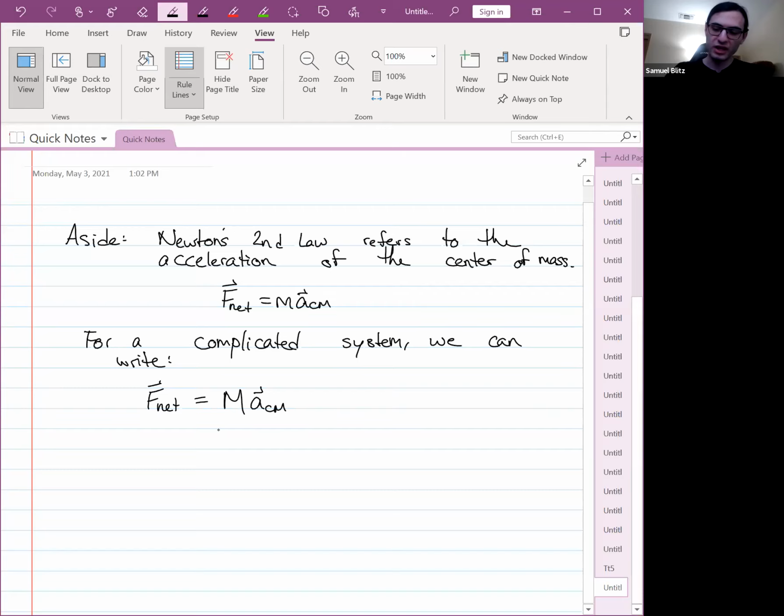And the center of mass acceleration is, well, we know what that is. It's just two time derivatives of the position of the center of mass. So it's d squared by dt squared of the center of mass position, m1 r1 plus m2 r2 plus dot dot dot, divided by the total mass.